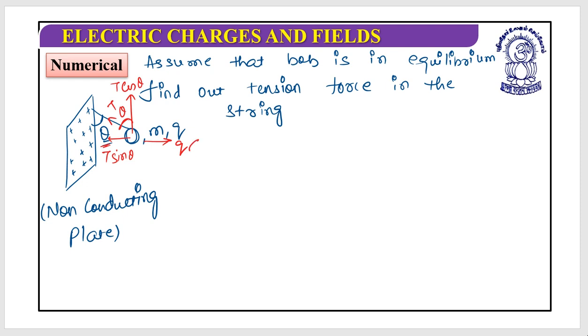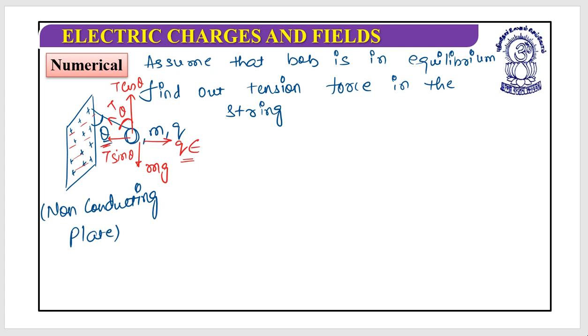This force would be the q into E. I am making this direction only because this is a positive charge. Look at this. These are the positive charge. If it is a positive charge, the direction of the electric field will be moving outward. It is radially outward. And one more force, it's mg, because the bob is having mass m.